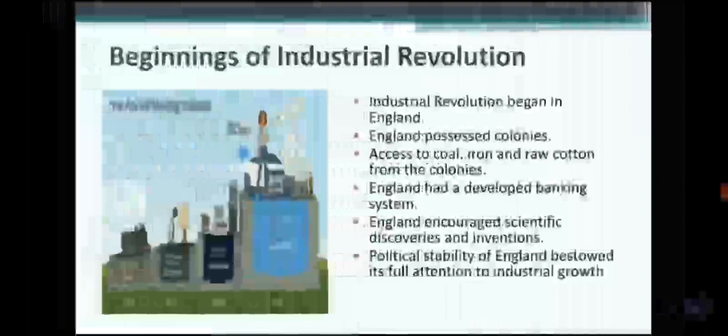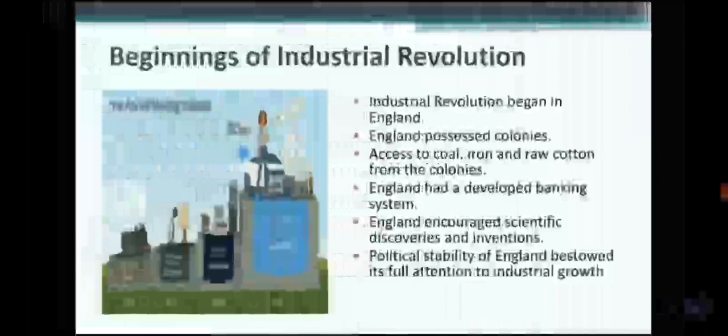Beginning of the Industrial Revolution. The Industrial Revolution began in England first because it had certain external factors. They were: England had abundant resources and possessed colonies throughout the world, with India being the brightest jewel in the British crown. Access to coal, iron, and raw cotton from the colonies.